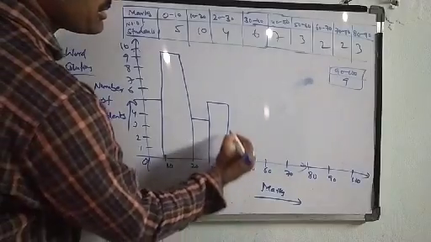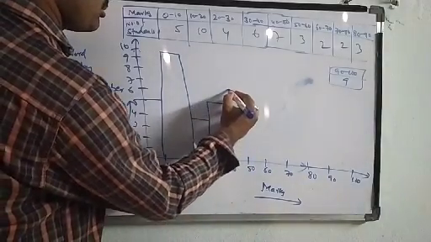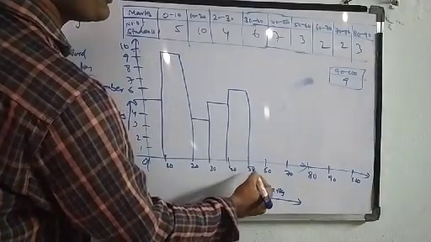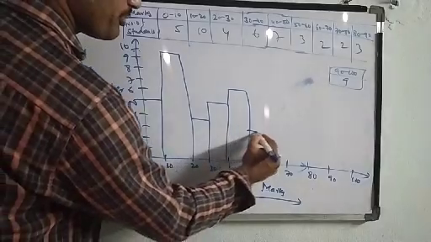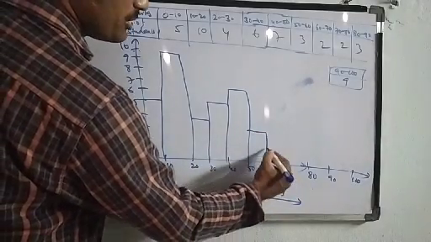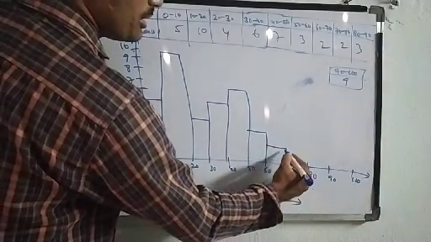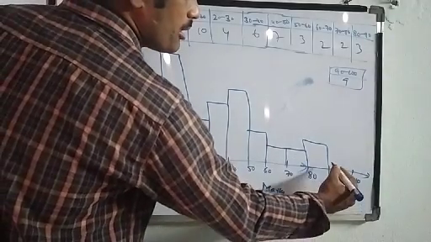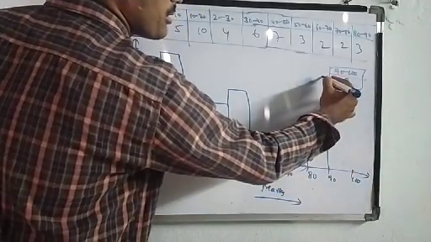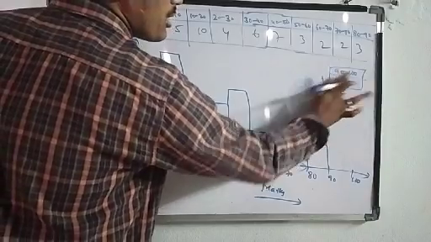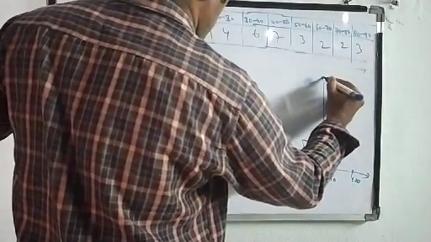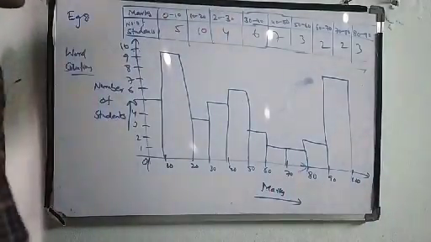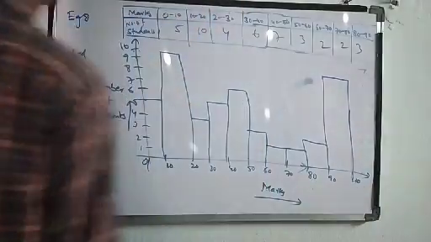And 40 to 50, it is 7. 50 to 60, 60 to 70, 70 to 80 also 2. 80 to 90, and 90 to 100, it is 9. So this is the histogram which we have drawn.